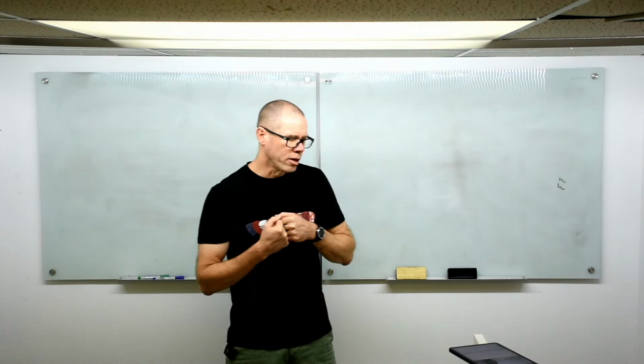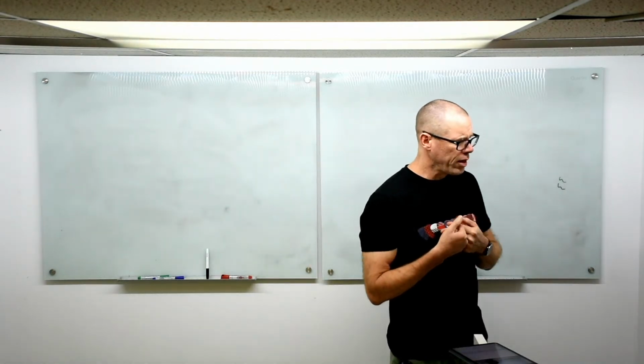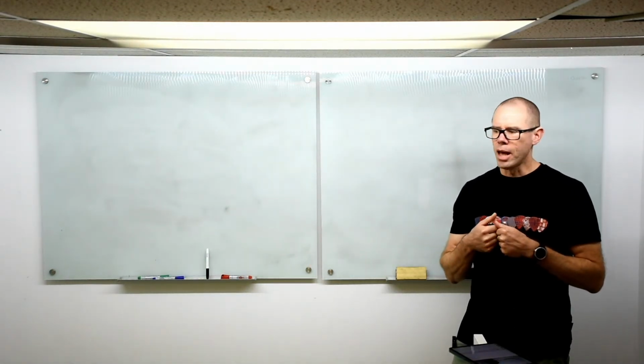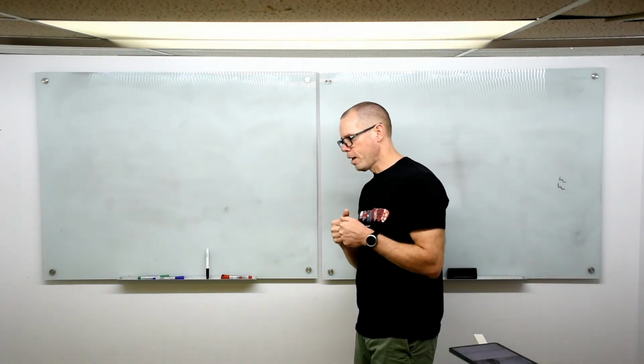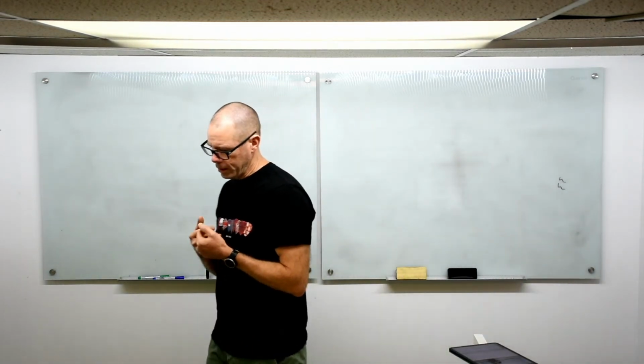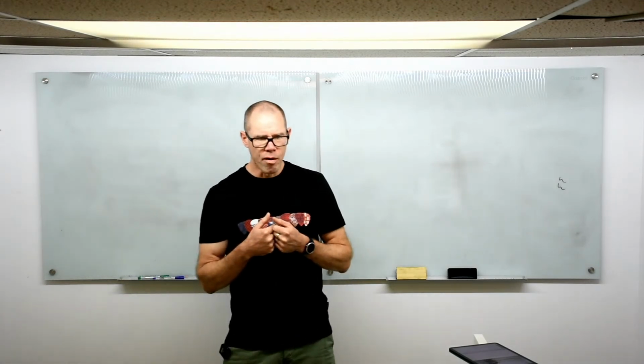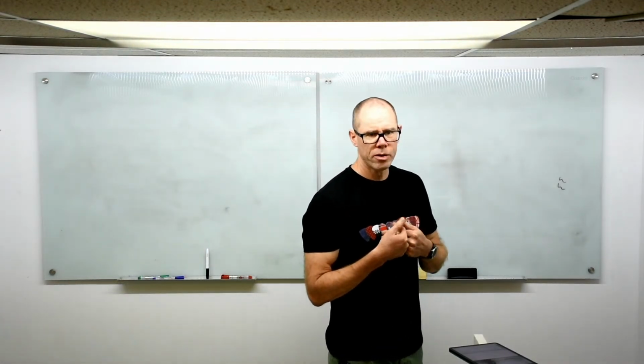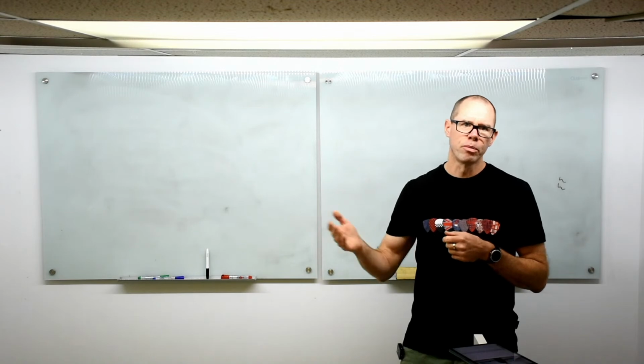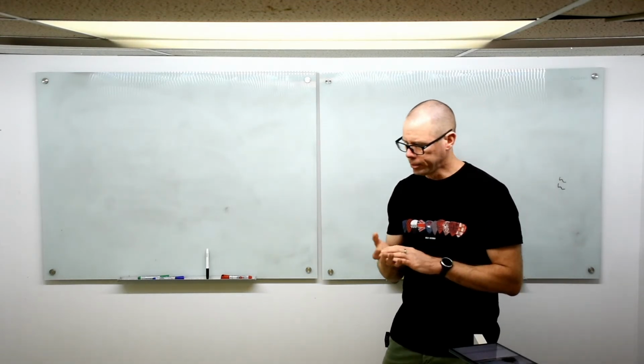Or it can be mutually independent, meaning that if you take any subset of them, then the probability that every event in that subset occurs is just the product of the individual probabilities that they occur.